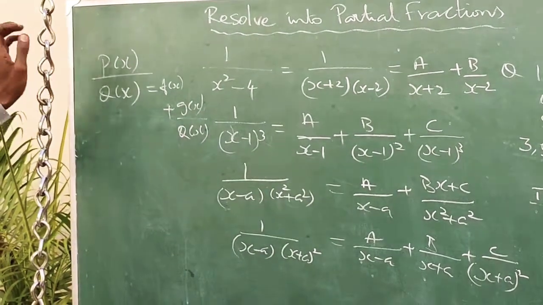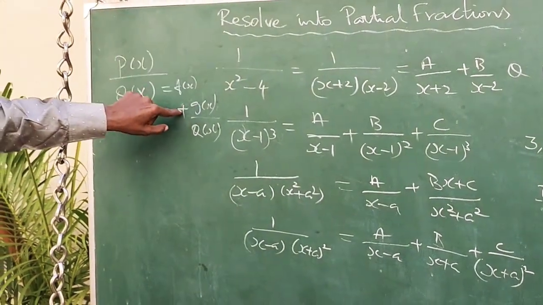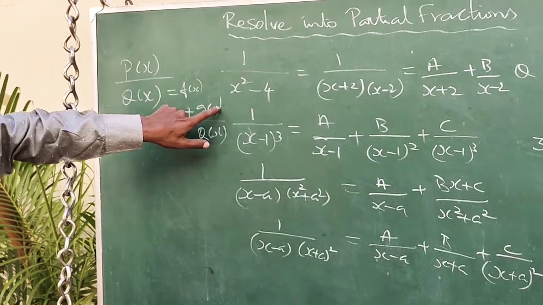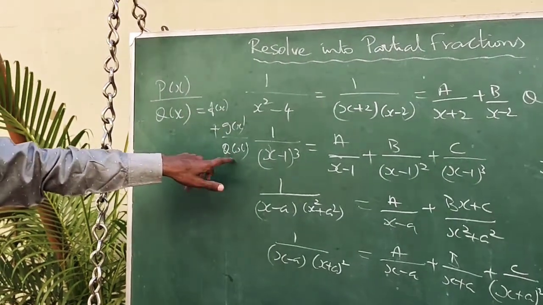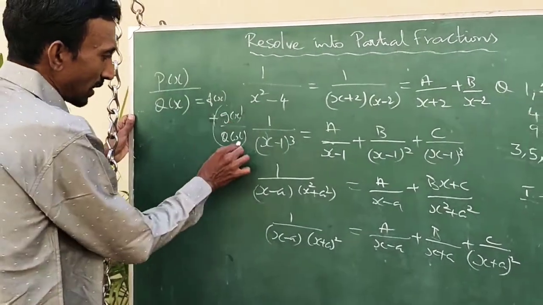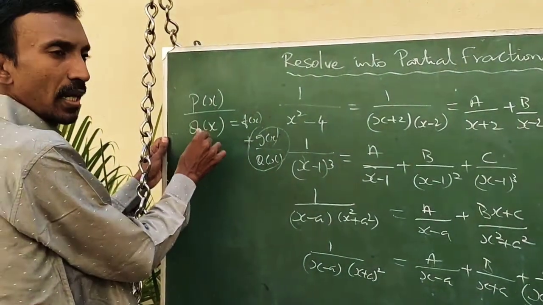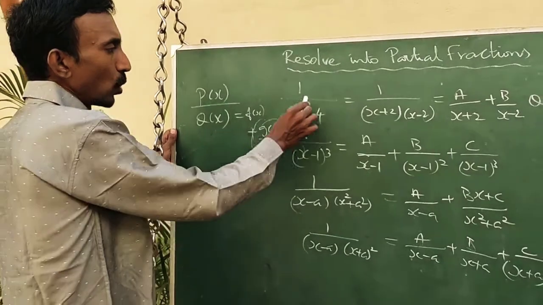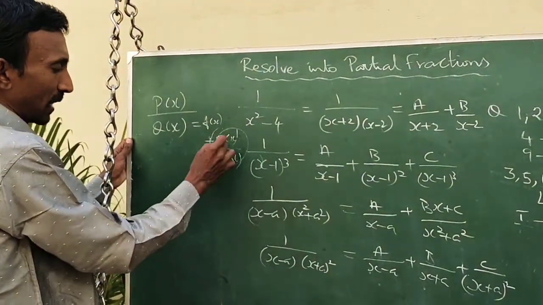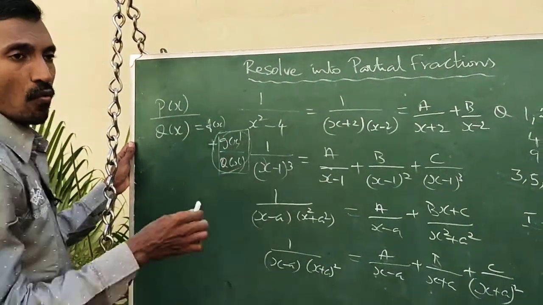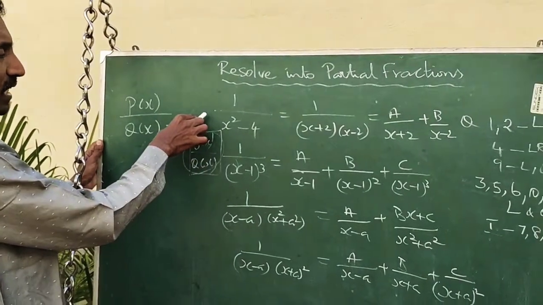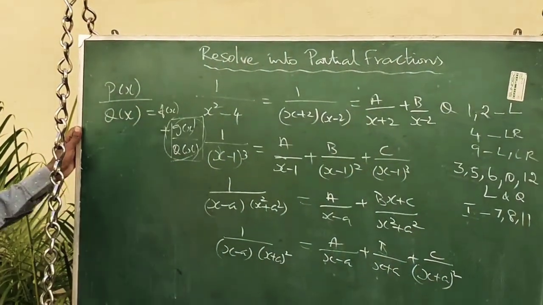So write it in the form quotient plus remainder by the denominator, that means the divisor. The degree of the remainder is always less than the degree of the denominator. So again use any one of the 4 methods for the remainder, find the answer, and sum it up with f of x to get the final answer.